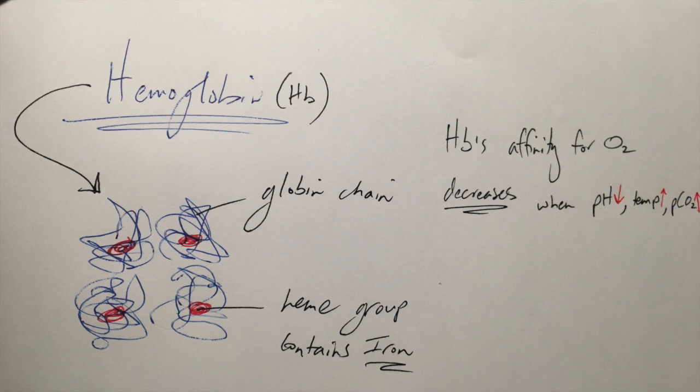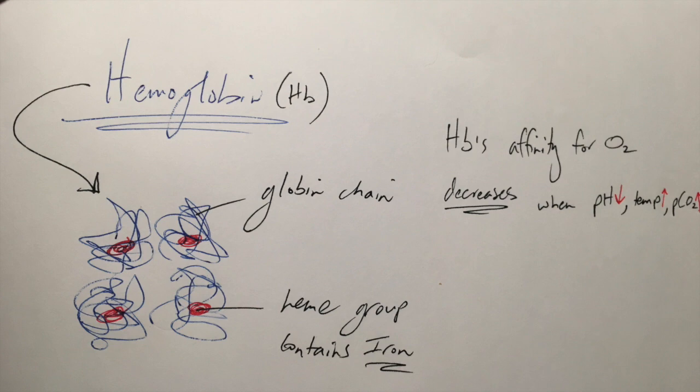One thing that's funny about hemoglobin is that its affinity for oxygen changes in different situations. So let me explain that. Affinity. How would you define affinity? What does that mean? Yeah, exactly. Affinity is like attraction for oxygen.